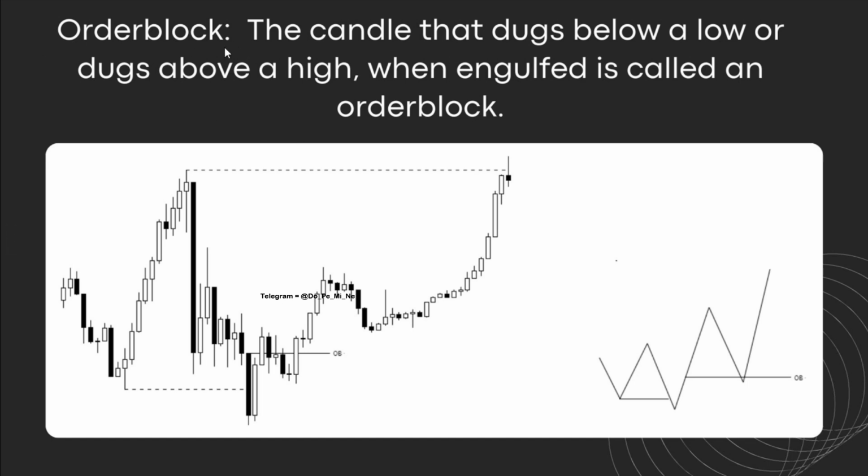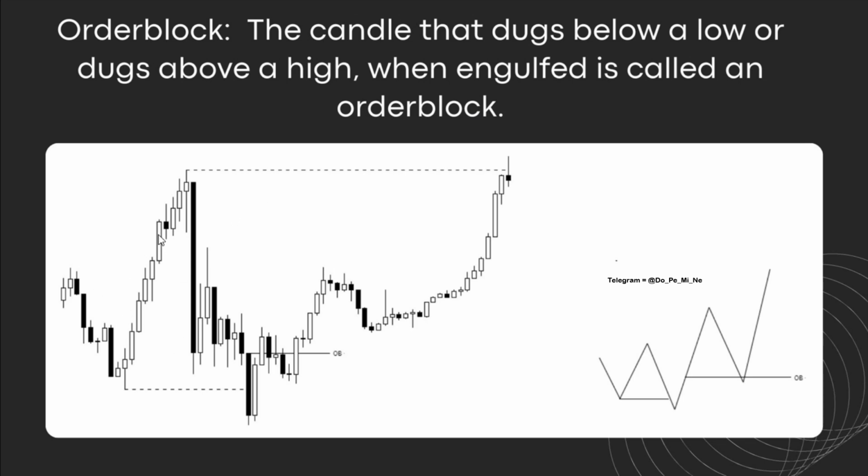Now let me explain to you what an order block is, right? The most refined definition of an order block that I could find is this one. This is Romeo's definition, and it's the most refined and accurate one I could find. Here's the definition: the candle that ducks above a high or ducks below a low, when that candle is engulfed, is considered an order block, right?